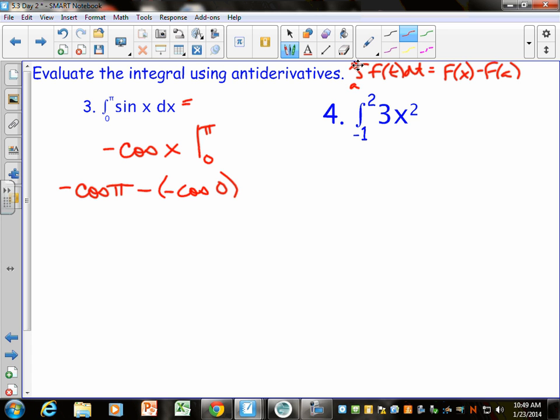What is the cosine of pi? Cosine is x, and it's negative 1, but there's a negative out front, so do you agree that that's just 1? I'm going to go ahead and make that a positive. What's the cosine of 0? The x coordinate at 0 is 1. So we can say, what? Oh my gosh. That it's 2, right? Don't leave, I'm holding you hostage.